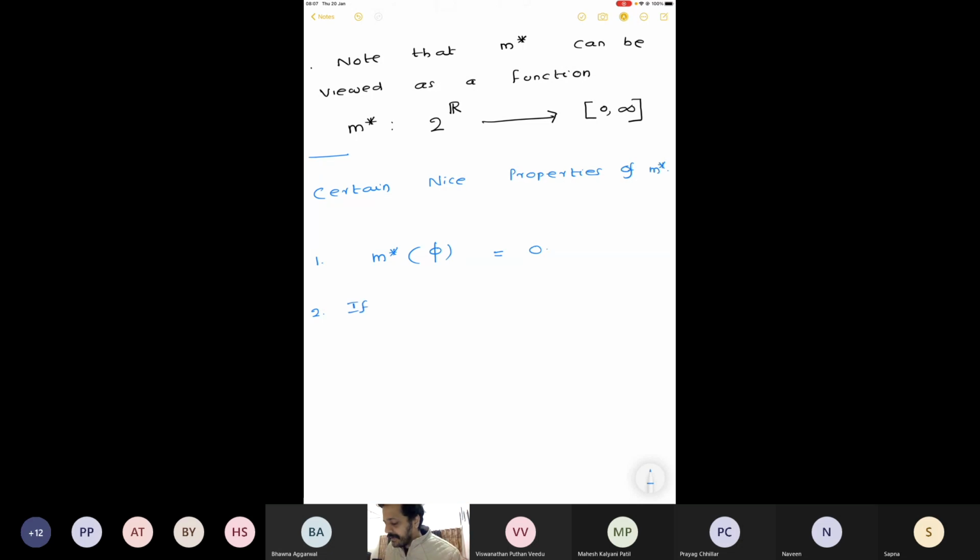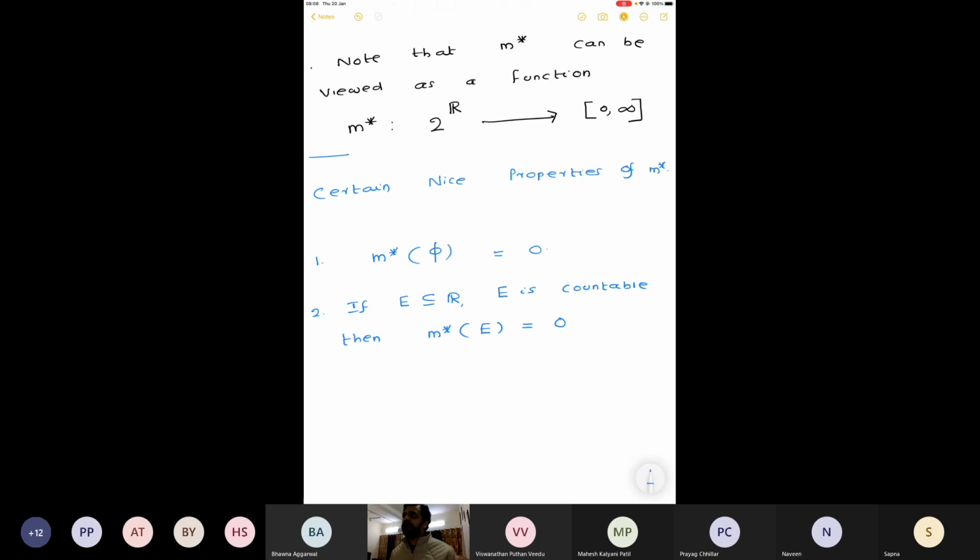If E subset of R, E is countable, then M star of E is 0. In particular, singleton set, finite subsets, etc. have Lebesgue outer measure 0.